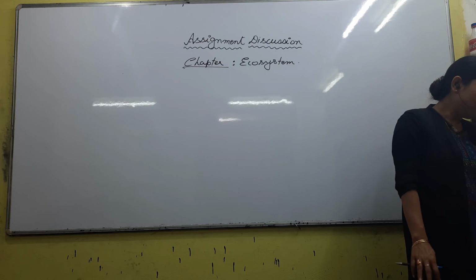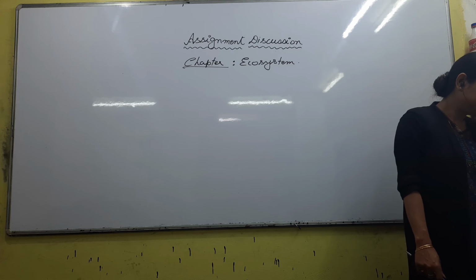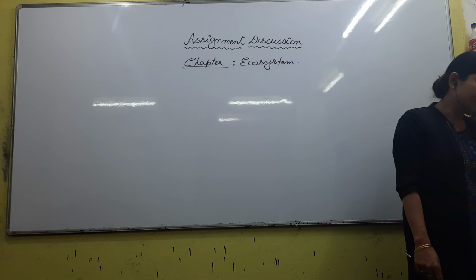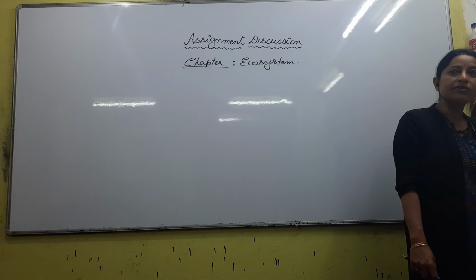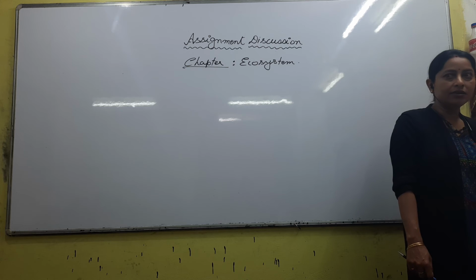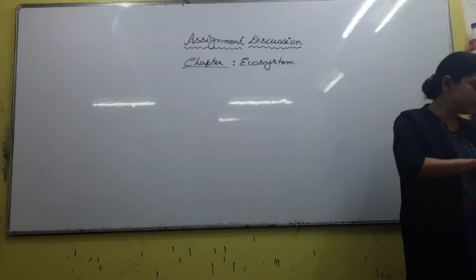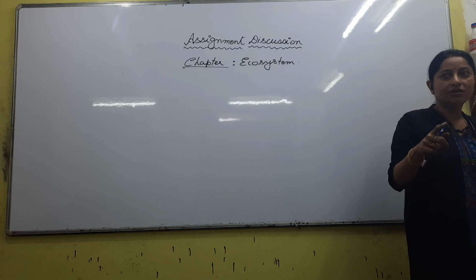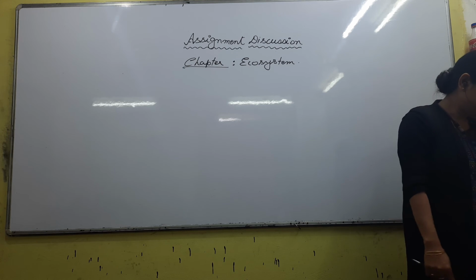All of these. Question number 10, all of these. Question number 9: which is the important step in the process? GPP minus R is equal to NPP. Your questions and my questions are different, you know the answer. What is R?